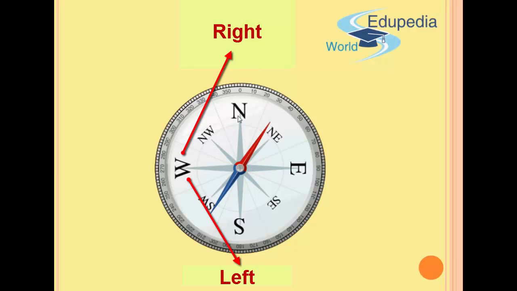So we need to keep in mind the 8 general directions of north, northeast, east, southeast, south, southwest, west, northwest, and we need to keep in mind the relative position of left and right. This will enable us to solve these questions with absolute ease. Now let us apply these concepts.